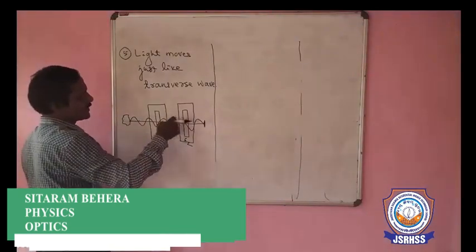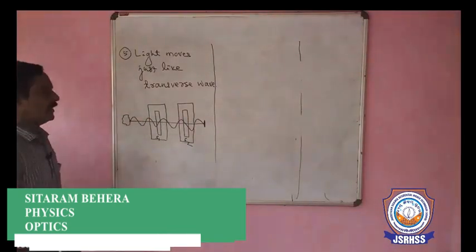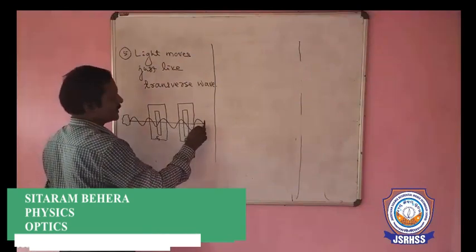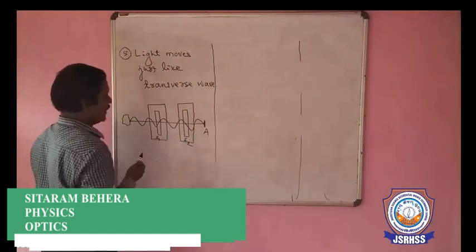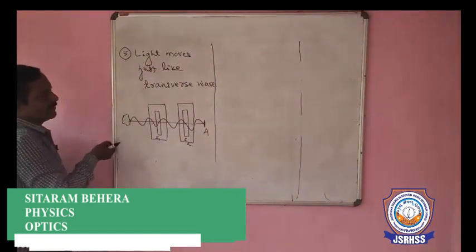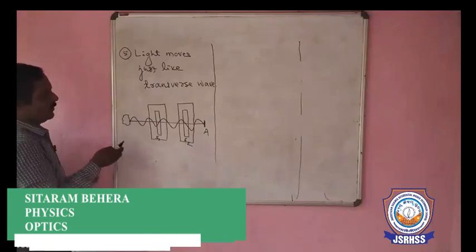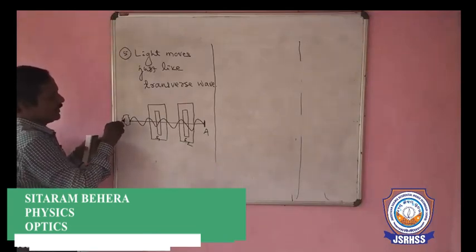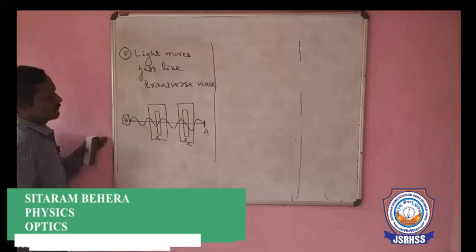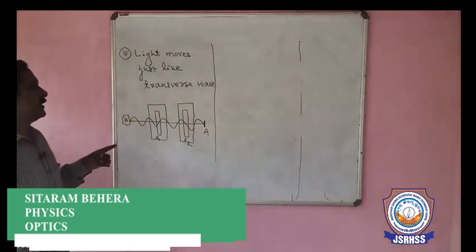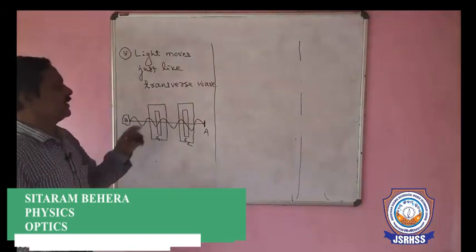A string is passed through them and the string is tied at A and is vibrated, making to and fro motion by your hand at B, so that the nature of the wave will be like this.